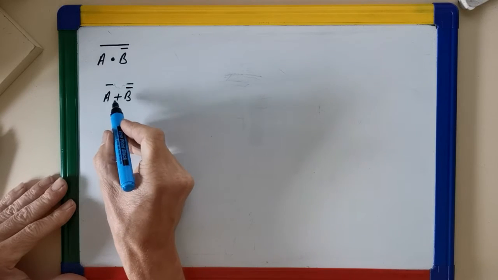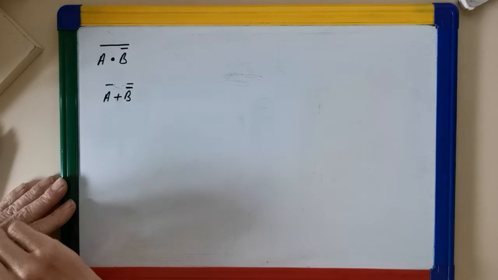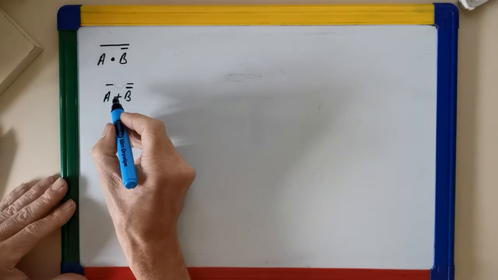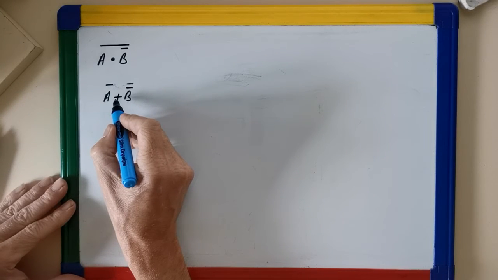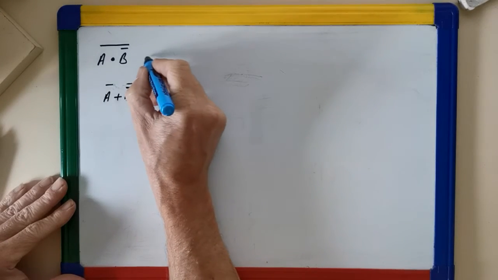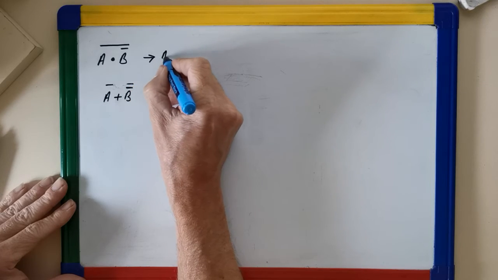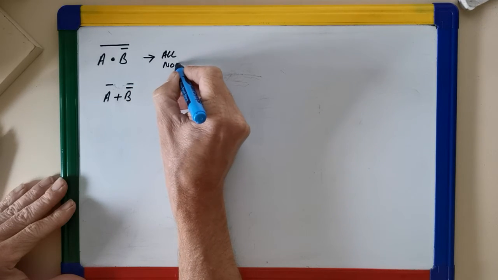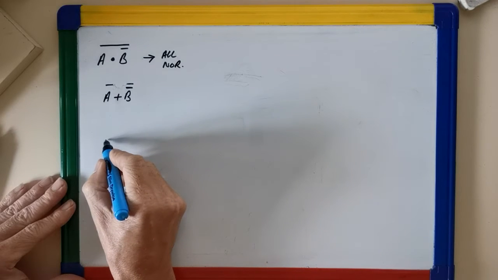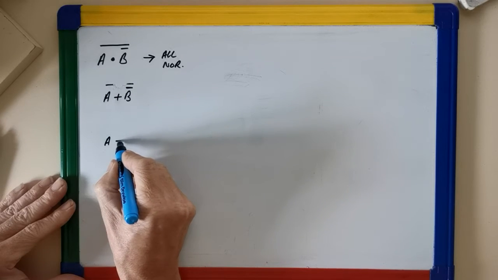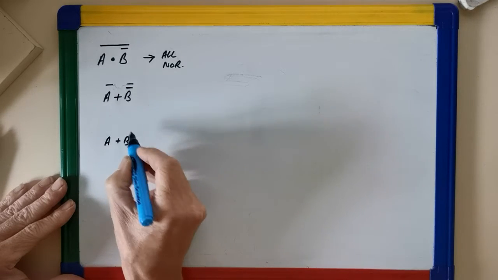But we're not finished yet because this uses OR gates, not NOR gates. And we're looking to build it. We want to do a conversion, if you like, to all NOR. So the next thing we're going to have to do is add two lines.